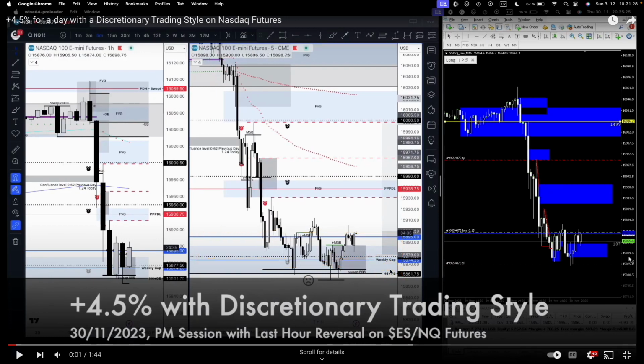So for me, all the professional and big players who were shorting the last 3 days are going to take profits here. So there's going to be some kind of relief, right?